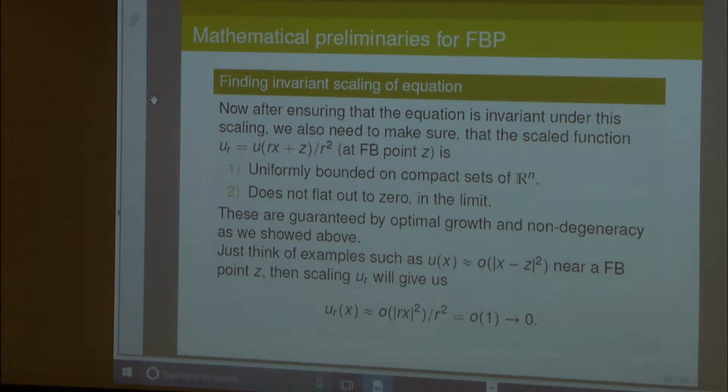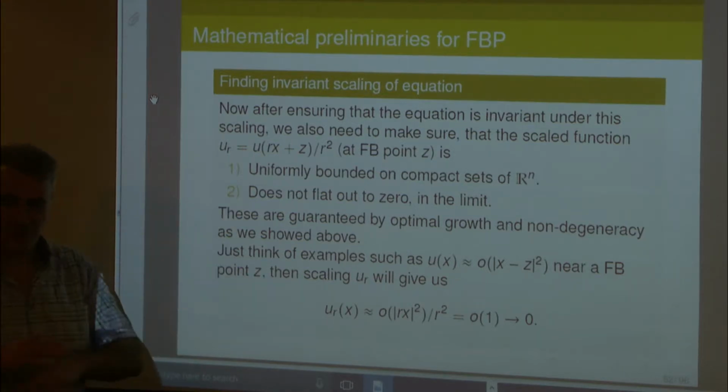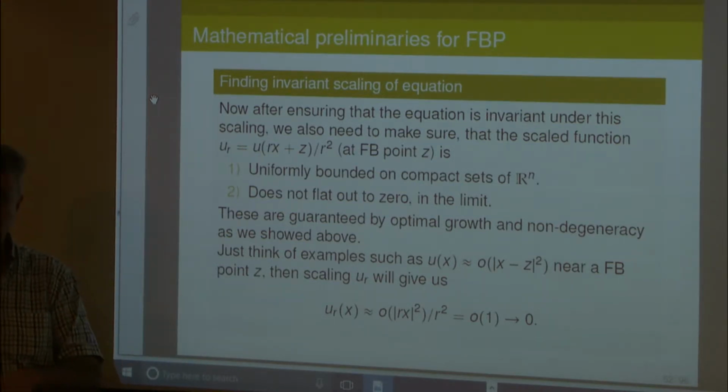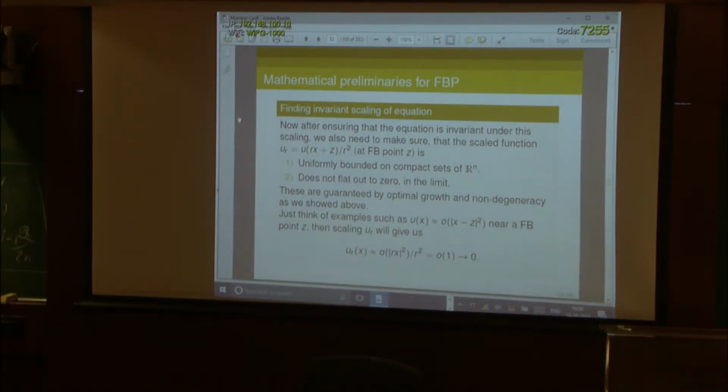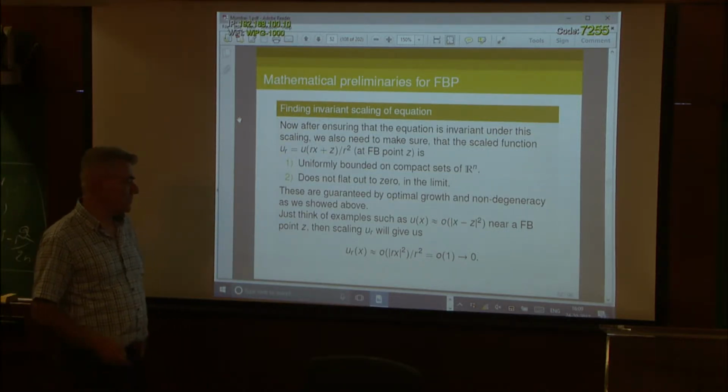So I have this kind of Arzelà-Ascoli compactness. I can let r go to 0 for a subsequence and get the limits in the entire space. I have to prove that it is not going to flatten out, and that I already proved because the supremum of u is always larger than r squared, so the supremum of u_r is larger than some constant. So that doesn't flatten out. It survives, so I get the limit scenario, and that would be the global solution that I want to work with.